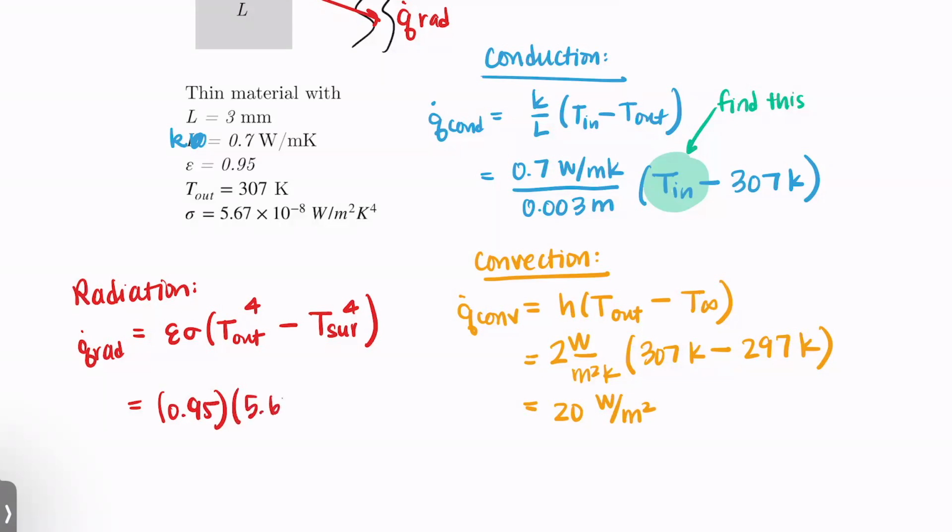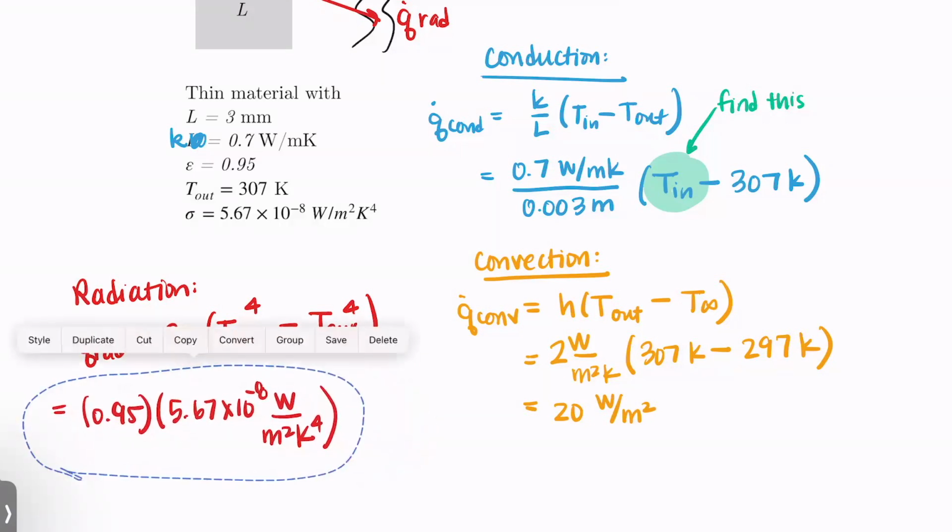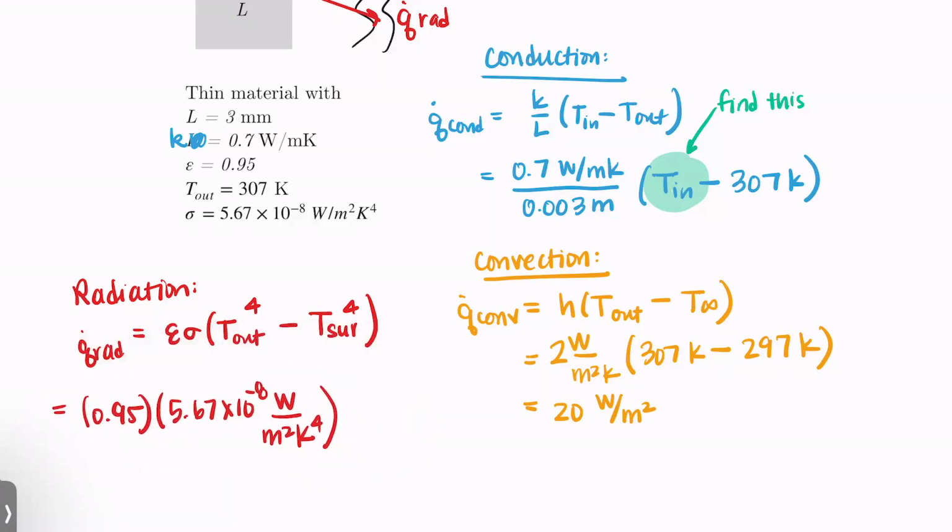Sigma is 5.67 times 10 to the minus 8 watts per meter squared Kelvin to the fourth, times 307 to the fourth minus 297 to the fourth. When we do that arithmetic, we get 59.4 watts per meter squared.